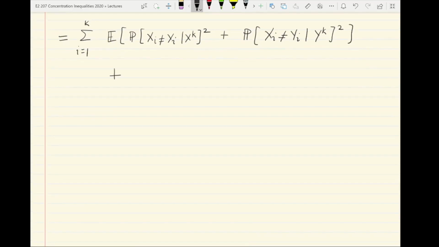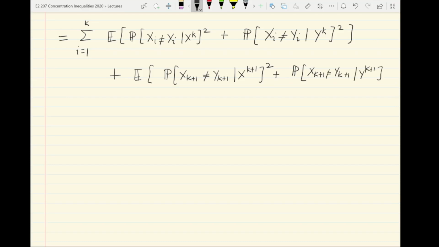And then we have the last term, which is the term initialized at k plus 1. So that's the probability that xk plus 1 is not equal to yk plus 1 given x all the way up to k plus 1, the whole square, plus the same event conditioned on yk plus 1, whole square.